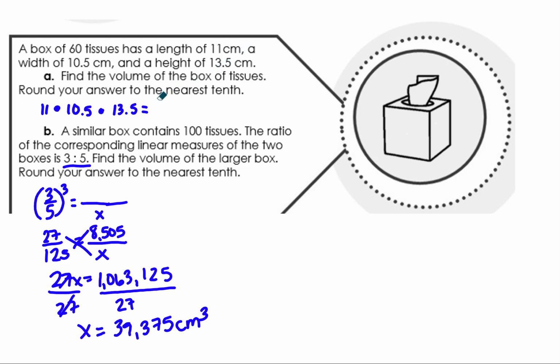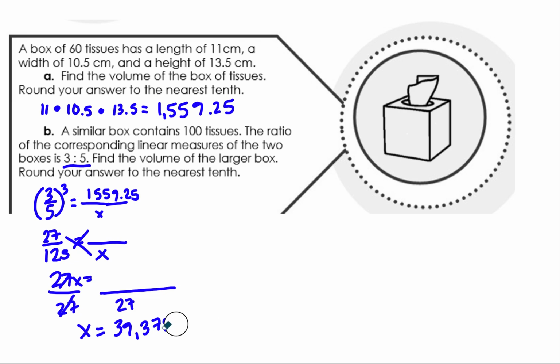Yeah, this should be 1,559 and 25 thousandths. Okay. So now I need to fix this, and this, and this. The steps I did were right, but that first number was wrong, which messed everything else up.